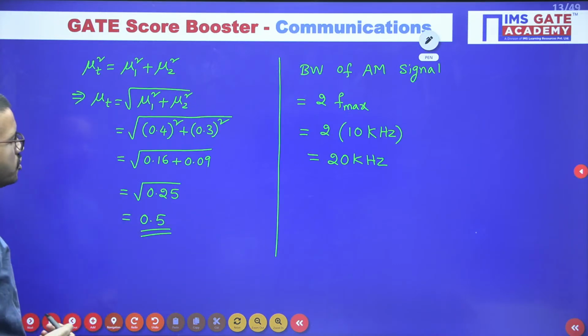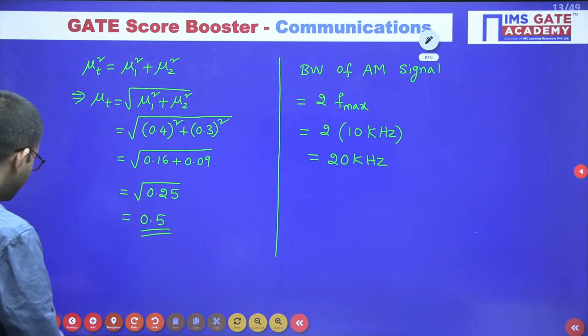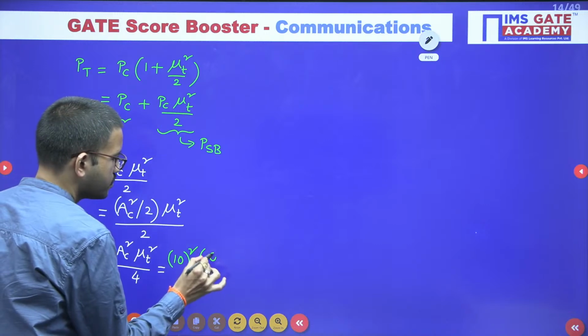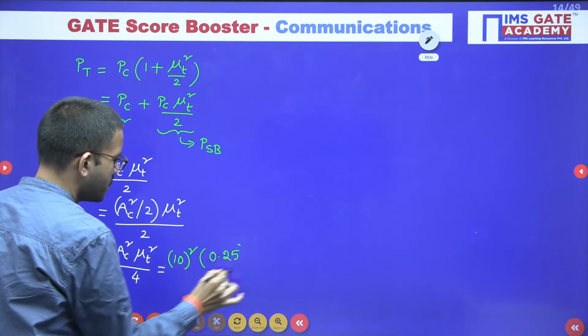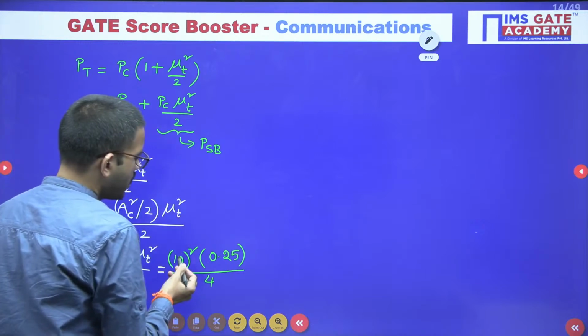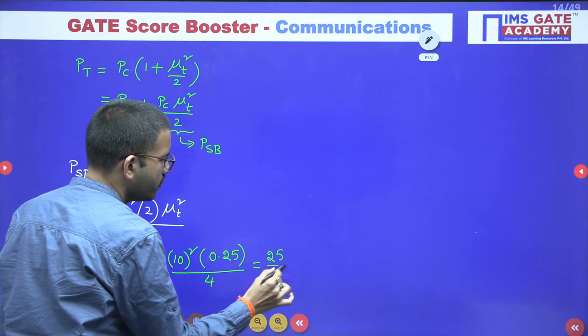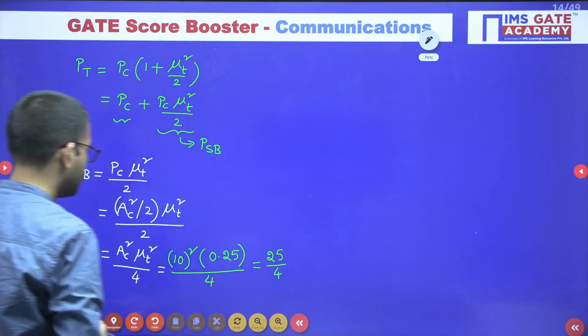Mu t square: mu t value we got is 0.5, and the square of 0.5 is nothing but 0.25. Divided by 4. So here 100 into 0.25 is nothing but 25, divided by 4.